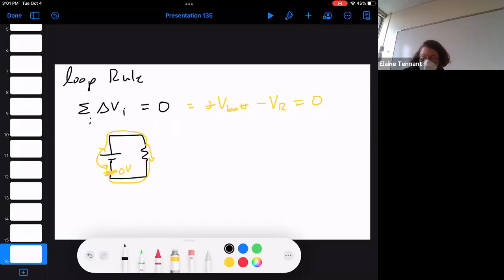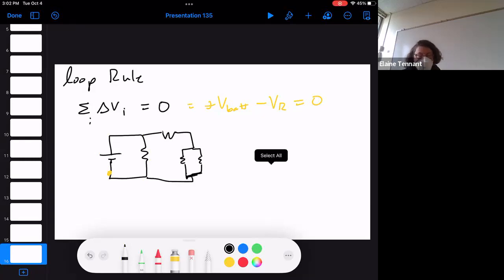Okay. Now this one can get tricky, because any loop at all needs to add up to 0. So for example, if I have a more complicated situation like that, I could make a loop that just goes around this one little spot, and whatever is going around that one little spot also needs to add up to 0.